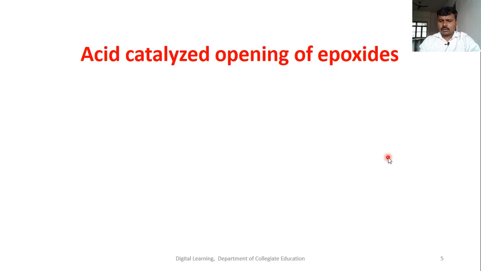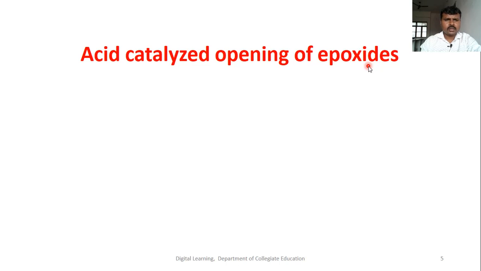Next we will see the reactions of epoxide. In the reactions of epoxide, the ring opening reactions are very important because epoxides are very reactive towards ring opening. There are two types of ring opening: acid catalyzed ring opening of epoxides and base catalyzed ring opening of epoxides.